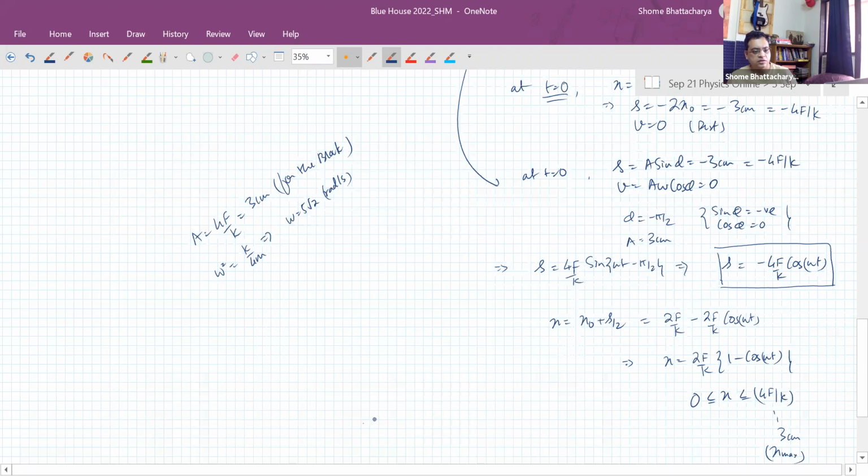So the equation of SHM of the block will look like this. It is 3 centimeters into sine of omega t minus pi by 2, where omega is 5 root 2 radians per second. This is the SHM of the block.